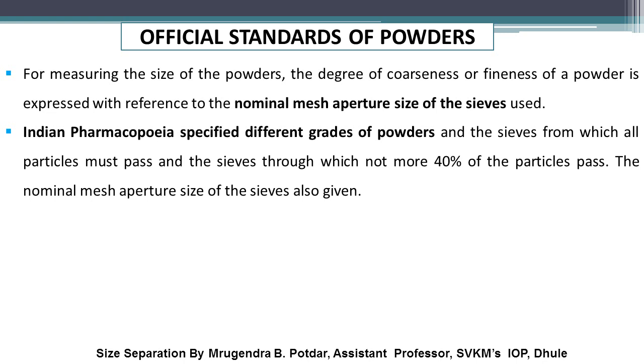The Indian Pharmacopoeia specifies the different grades of powders, the sieves through which all particles must pass, and the sieves through which not more than 40% of particles pass; the nominal mesh aperture size of the sieves is also given.